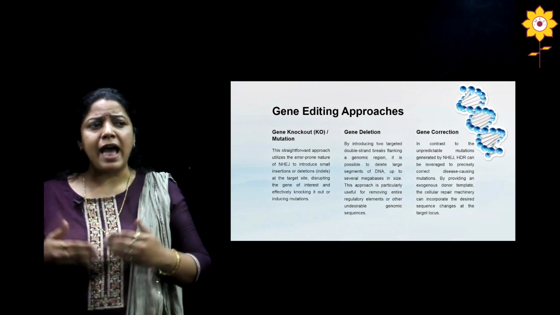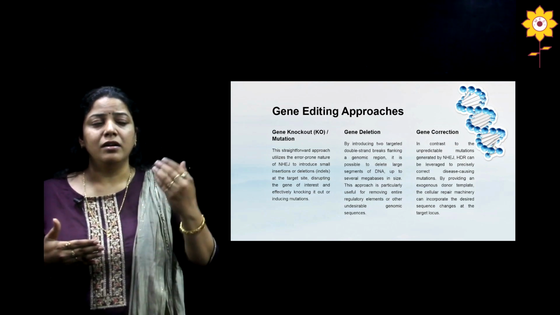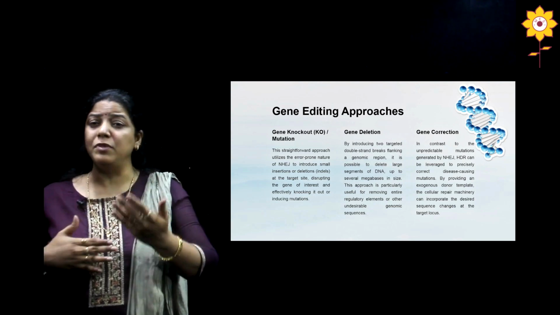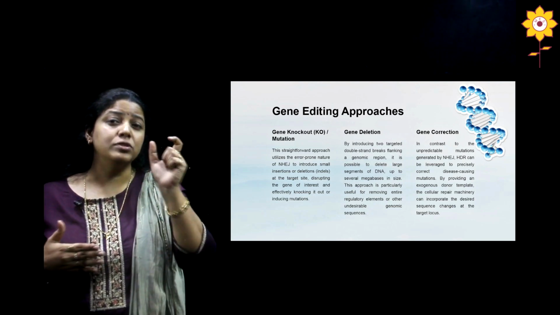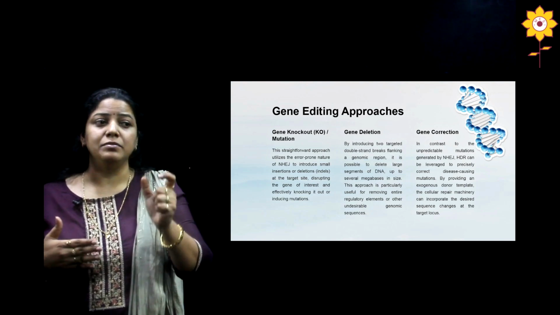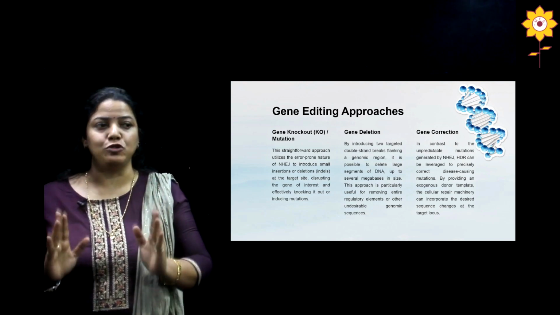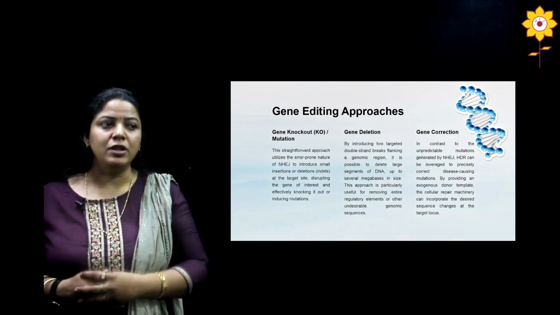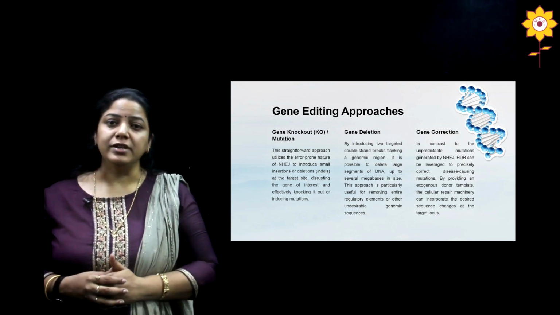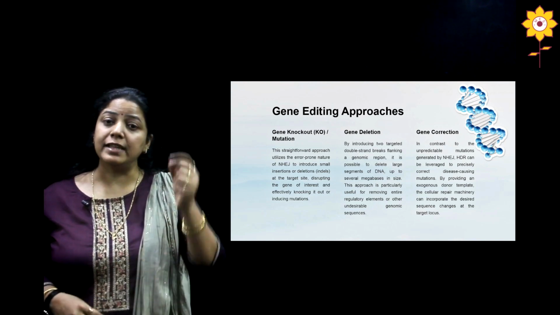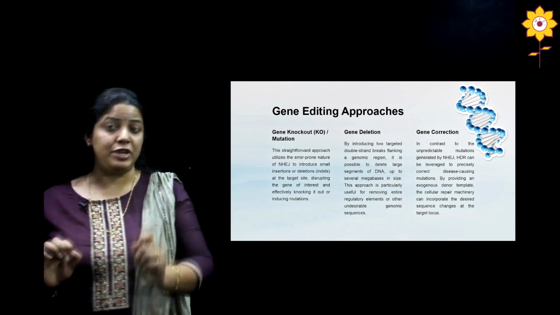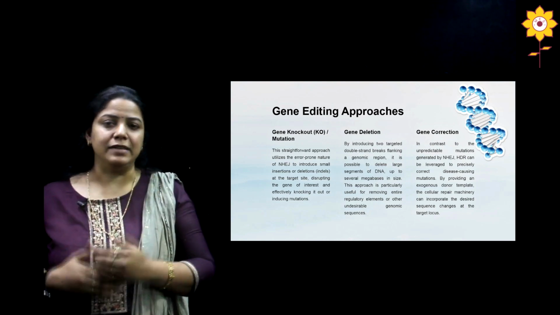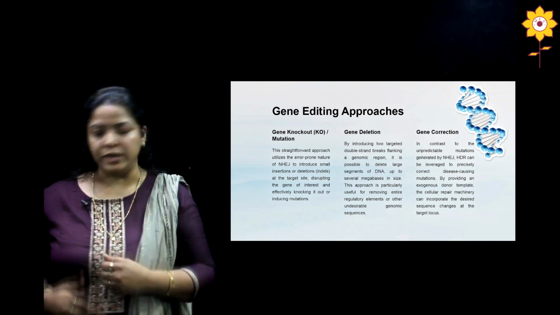Here you can have two targeted double-stranded breaks flanking your gene, and with the help of the repair mechanism, we can delete a large portion of the DNA also. That is also possible, or we can go for gene correction. As I said, if there is some kind of mutation in your target gene, then that could be replaced by the original working gene.